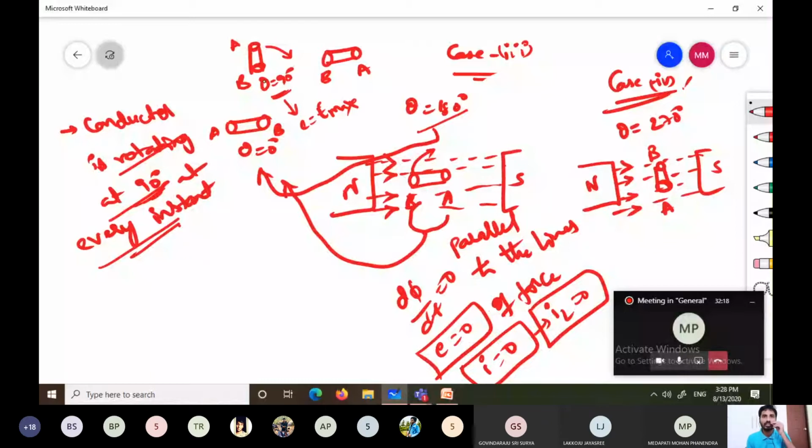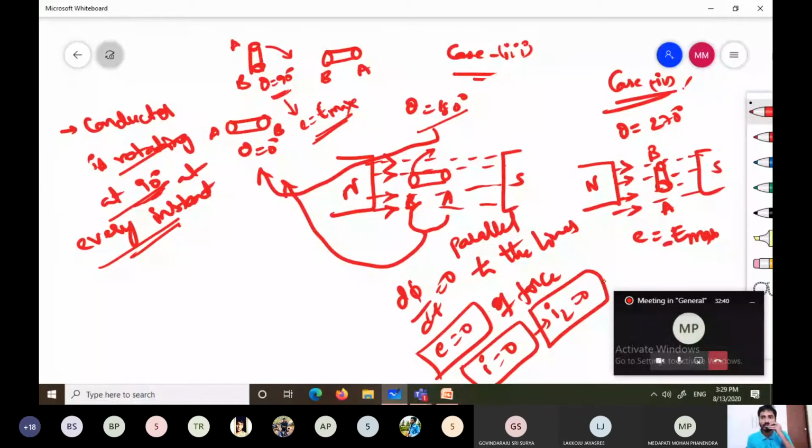So maximum flux linkage is happening, so the induced EMF is maximum. In the same way, at 270 the induced EMF is maximum, but the direction of the conductor is reversed. That means it is negative maximum.